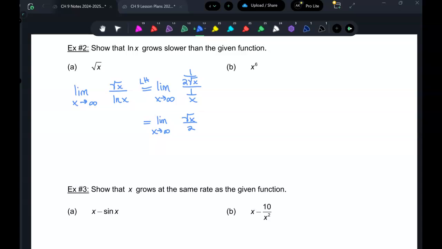Because you have x to the first power over x to the 1/2. So this gives us infinity. Therefore, natural log of x grows slower.